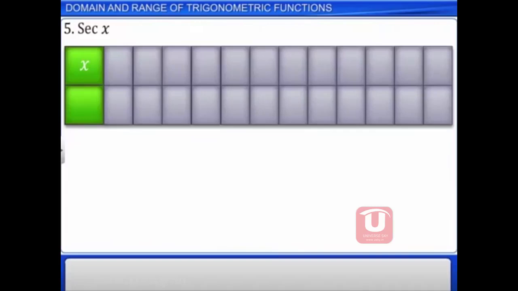Take the values of x as 0, pi by 6, pi by 4, pi by 3, plus or minus pi by 2, plus or minus pi, plus or minus 3 pi by 2, plus or minus 2 pi.